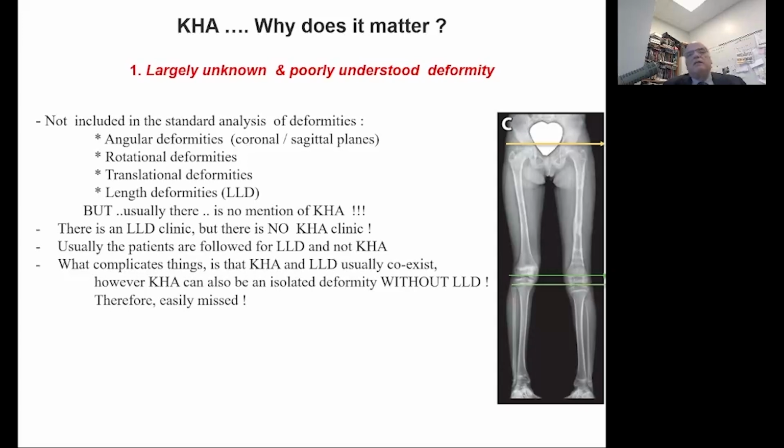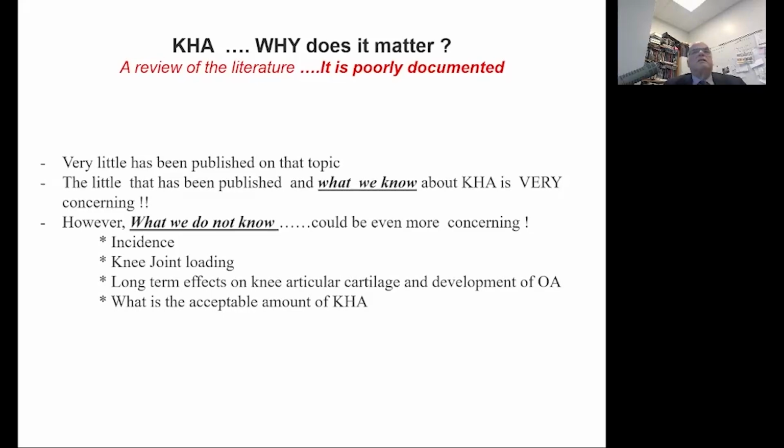What complicates things is that knee height asymmetry and LLD usually coexist. However, you can have a knee height asymmetry as an isolated deformity without LLD, and that can be easily missed, as we are going to see in the next example. If you review the literature, as I mentioned before, it's a very poorly documented deformity. Very little has been published, and the little that has been published about knee height asymmetry is very concerning.